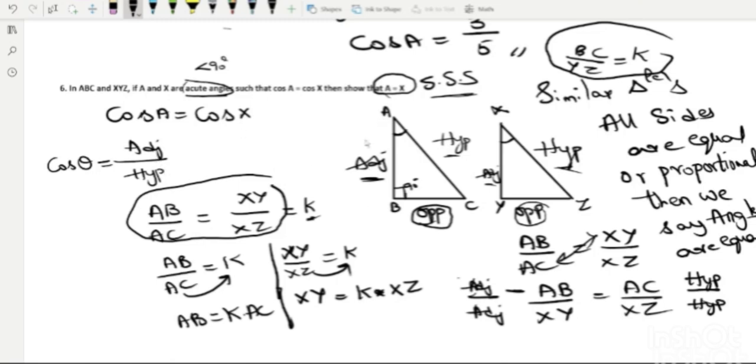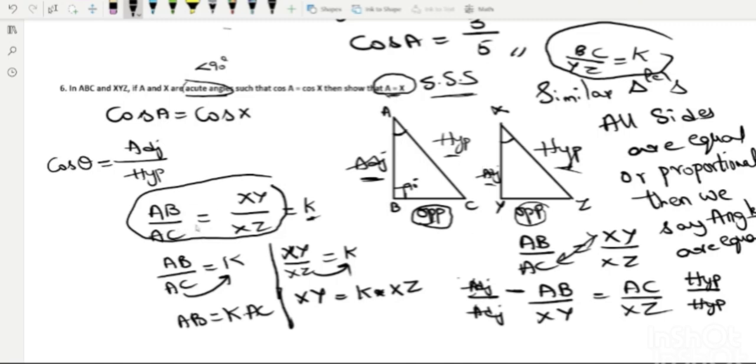So we write AB divided by AC and XY divided by XZ, and let us assume that it is equal to K, and then we shift them to the other sides: AB equals K into AC and XY equals K into XZ. So to find angle A equals angle X, you need to have clarity on how to do it.